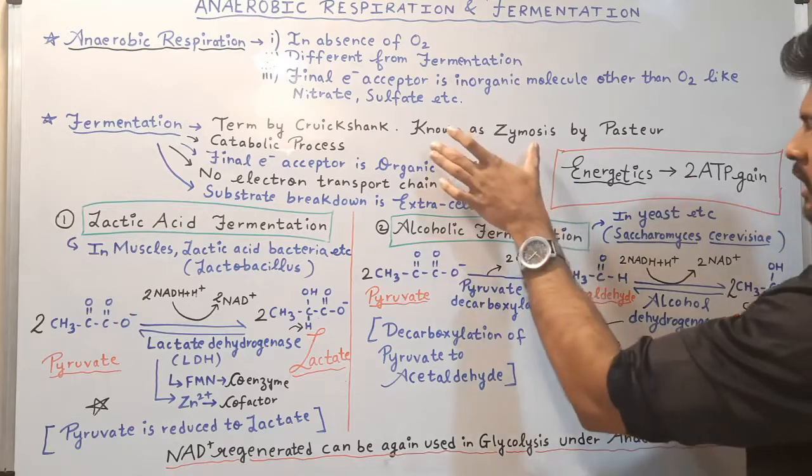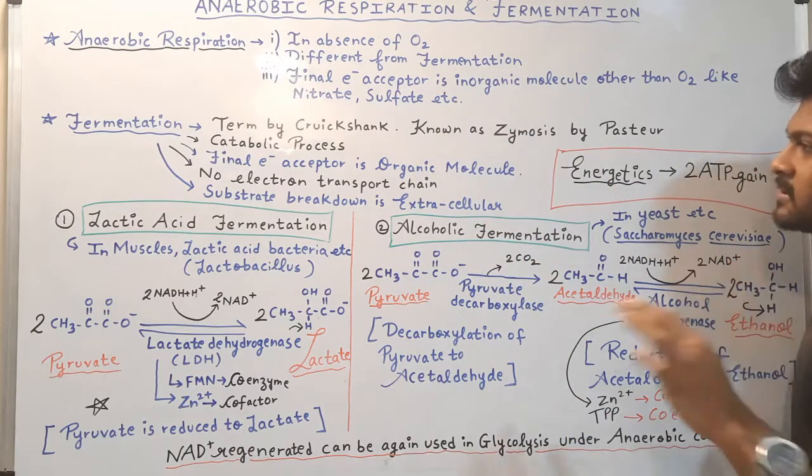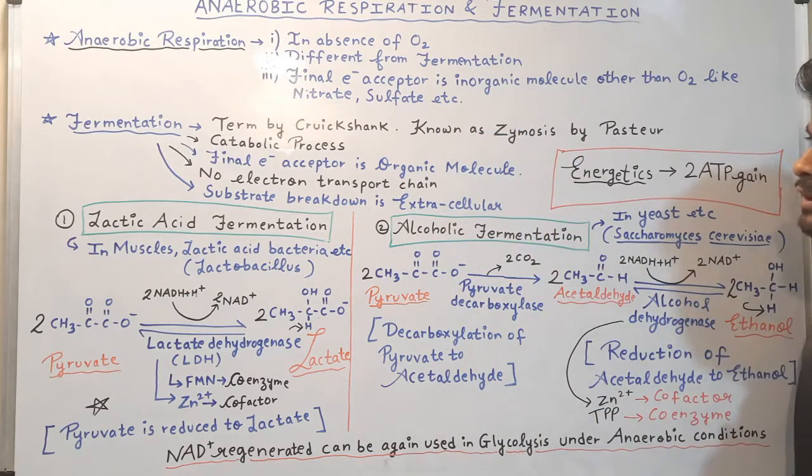So this question was asked in previous life science exams. In Maharashtra set life science it was asked: fermentation, also known as zymosis, was given by which scientist? The name of the scientist was Pasteur.